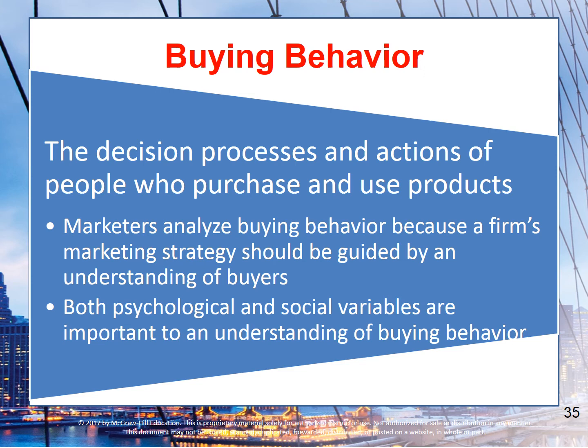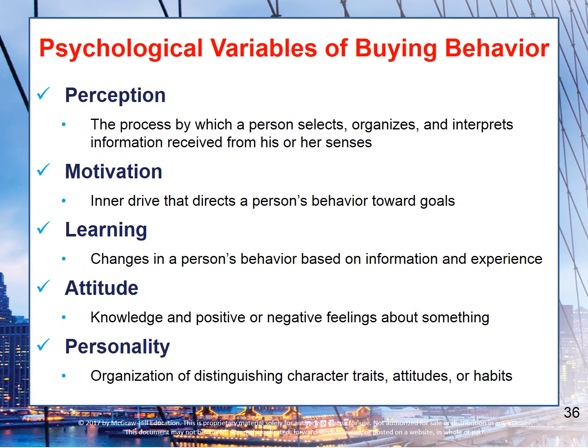You have both psychological and social variables that are very important in understanding the buyer behavior, and we're going to look at those. These are the ones that the book mentions. You have perception, you have motivation, you have learning, you have attitude, and you have personality.